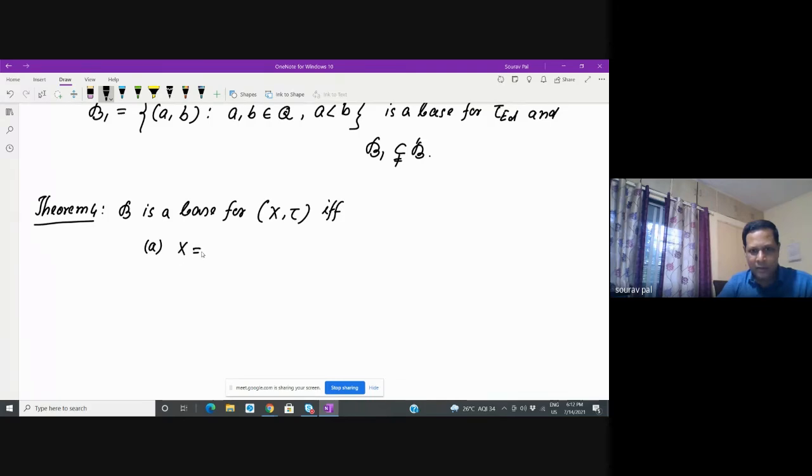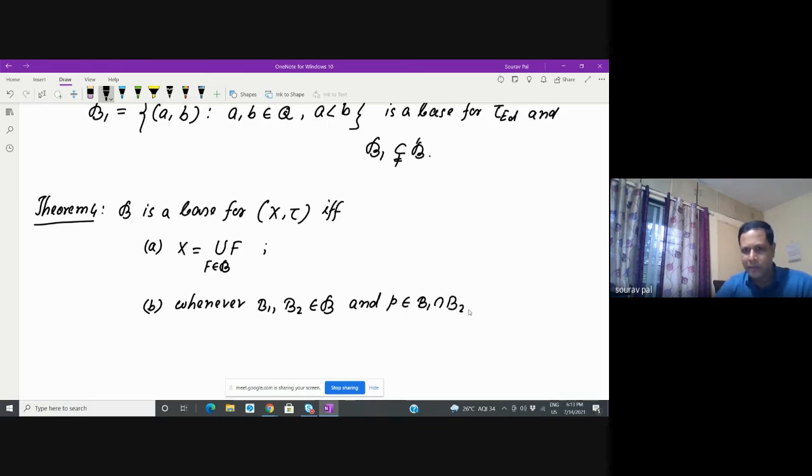One is X is the union of all members of this collection, and number two is whenever you have two members B1 and B2 from the collection and you have a point from B1 intersection B2, there exists a third member B3 from the same collection such that this B3 will lie between X and B1 intersection B2.